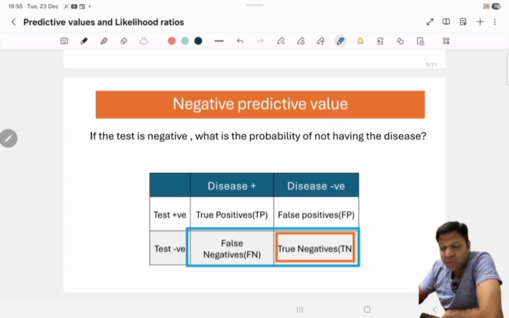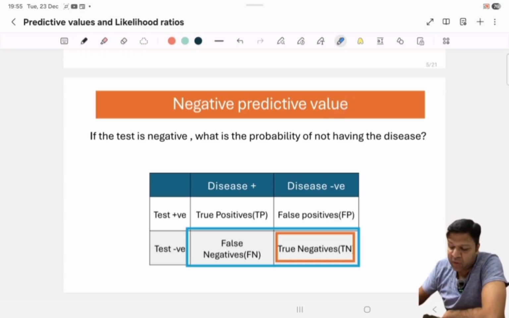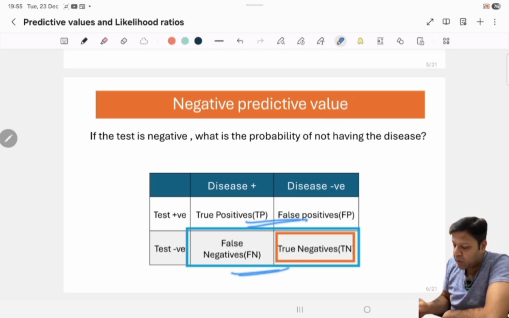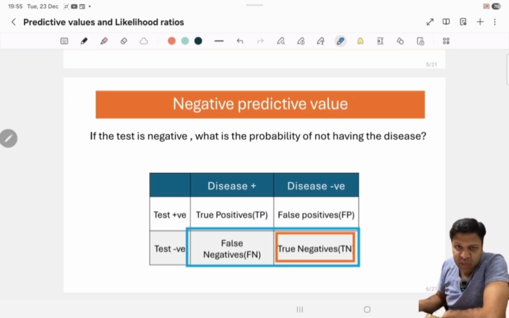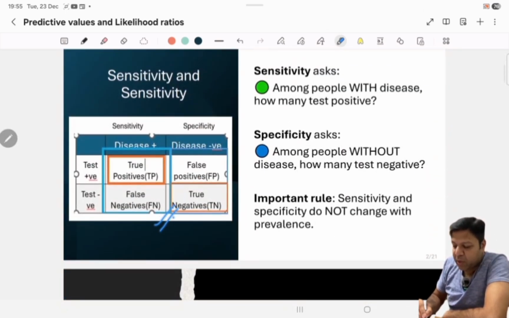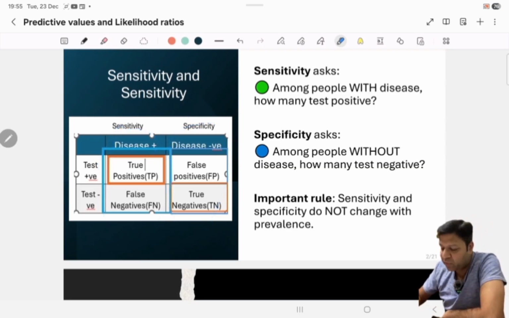So remember this: for calculating positive predictive value or negative predictive value, you will look at the 2 by 2 table horizontally. For sensitivity and specificity, you will look down the 2 by 2 table vertically. So that is what you have to remember.